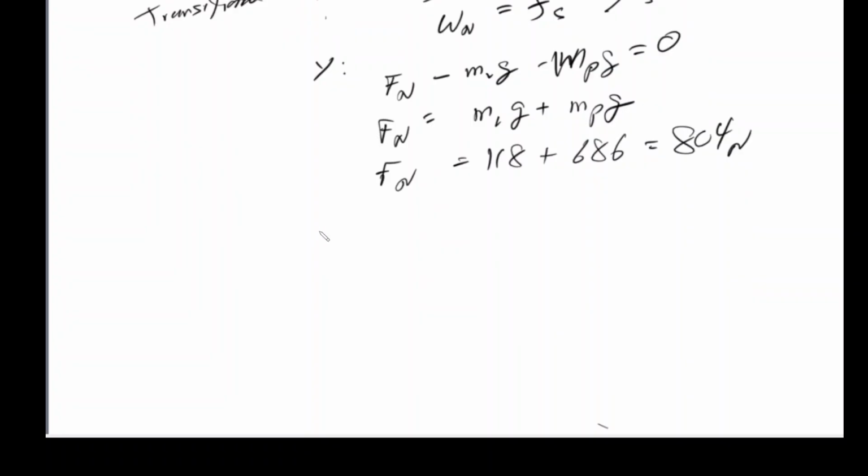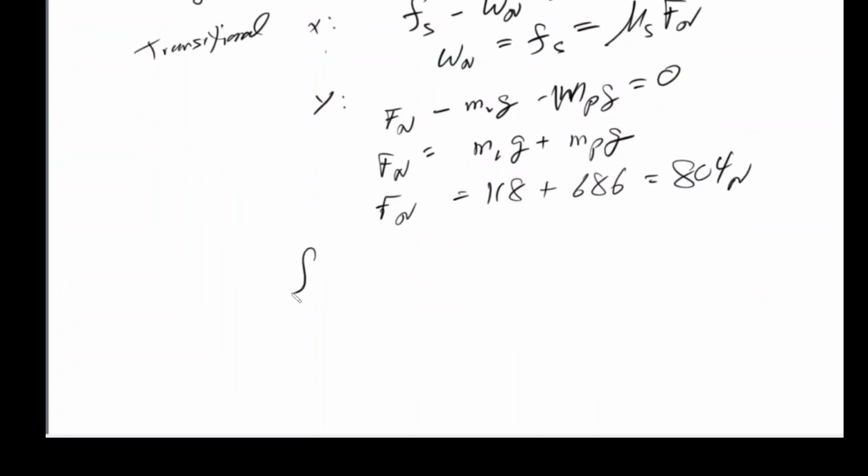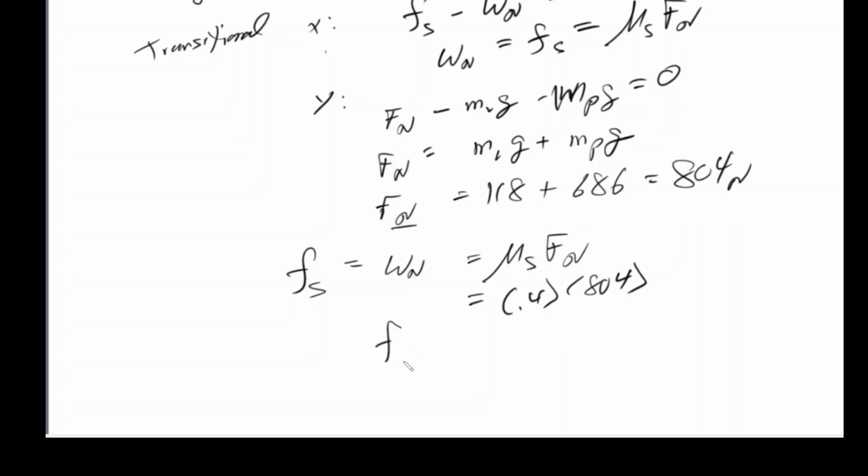And if we go back and look at frictional force, that's equal to the normal force of the wall, which again is coefficient of friction times the normal force of the floor, which is equal to 0.4 times what we just found, the normal force, that's 804. So our frictional force is equal to 322 newtons.